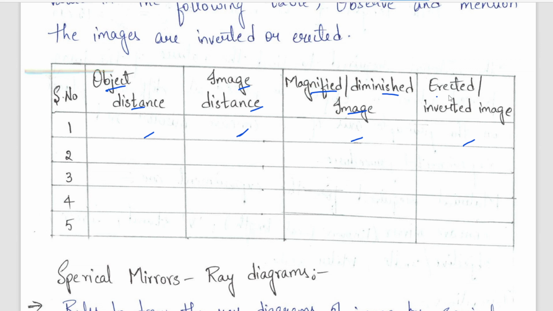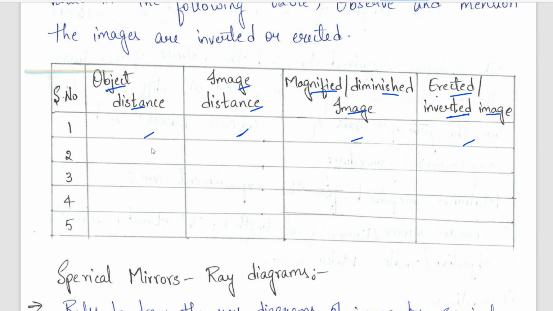Okay, now an erected image is upright like the object. An inverted image is upside down. So the image will occur on the screen upside down. That is called an inverted image.